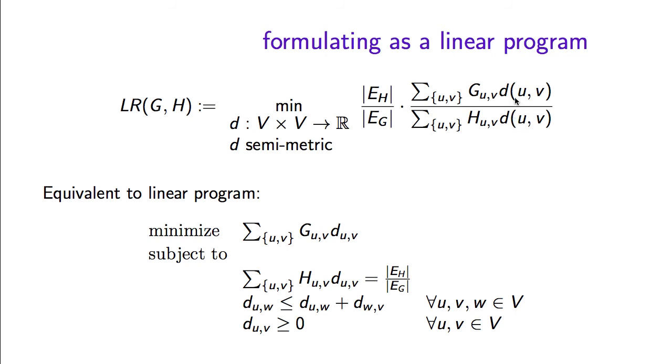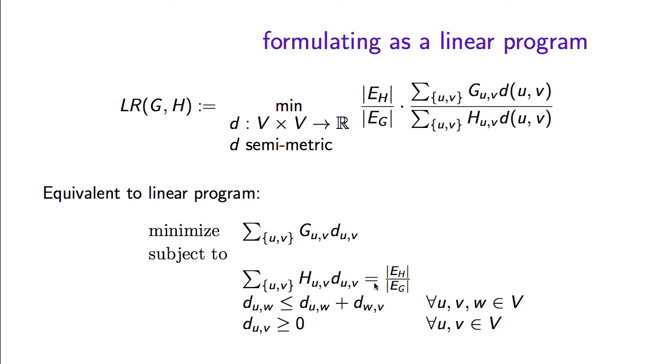So without loss of generality, we may assume that the optimal solution to this problem is a distance function for which the denominator here is precisely equal to EH divided by EG. Now if we put that as a constraint, the cost function will just be this numerator. And then we're going to have the constraints that the distances have to satisfy the triangle inequality.